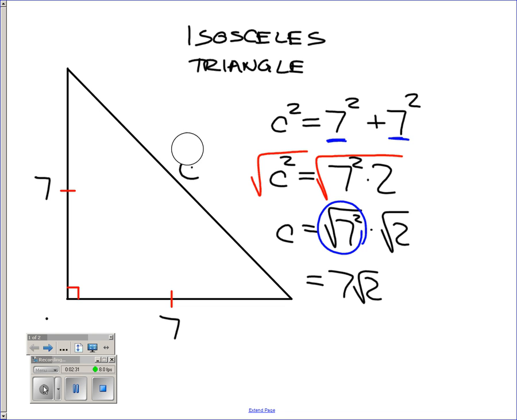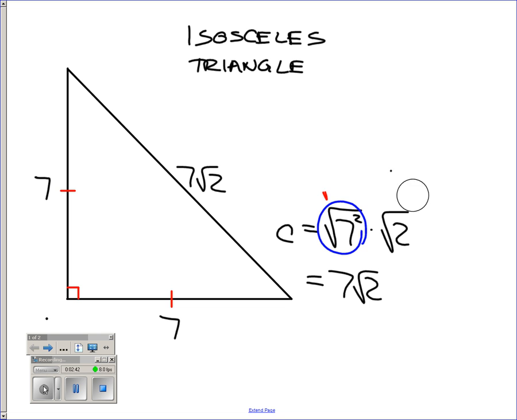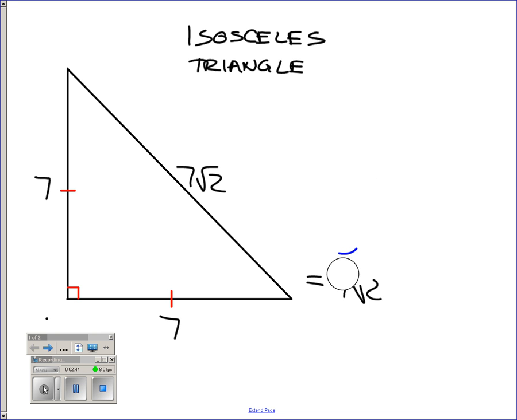So I'm going to put that down over here, and this is 7 root 2. And we have all the side lengths for this particular right triangle. So I'm going to put these side lengths up here and just put them from smallest to largest: 7, 7, 7 root 2.